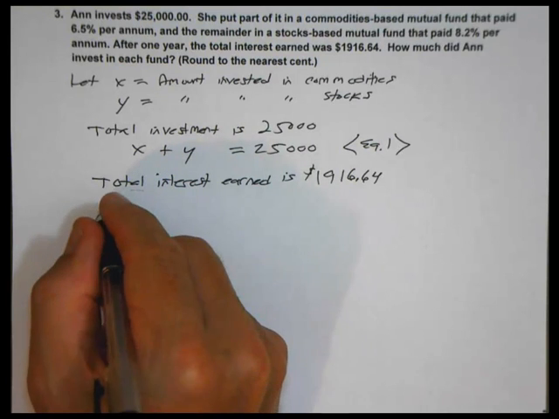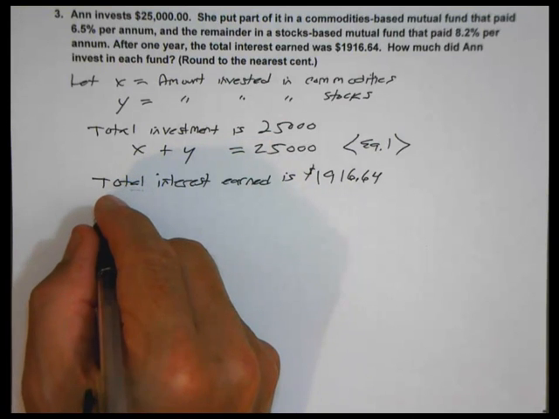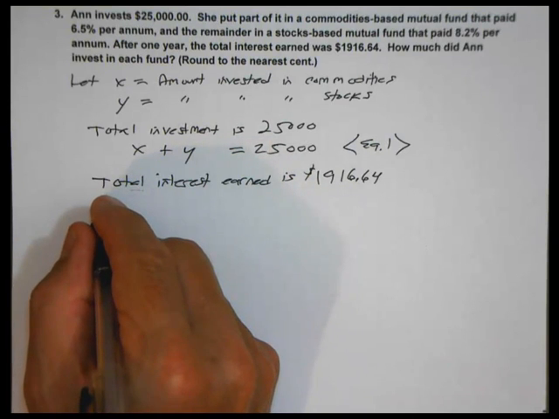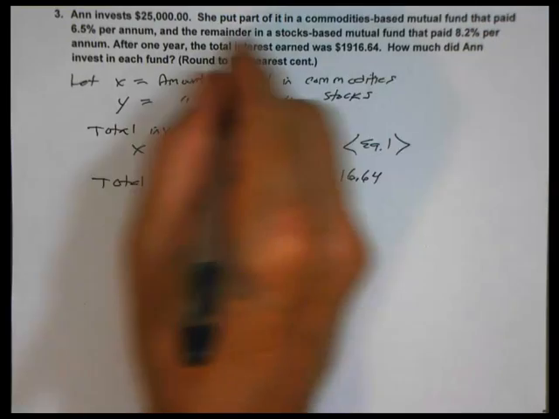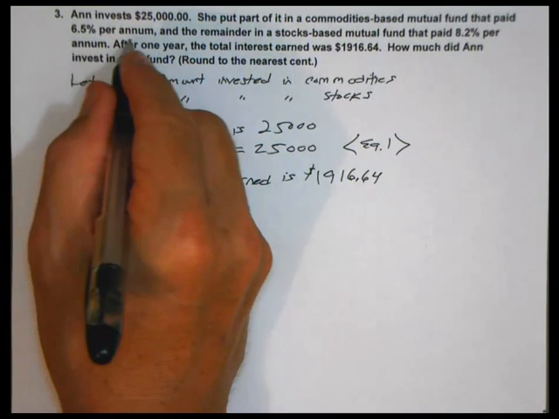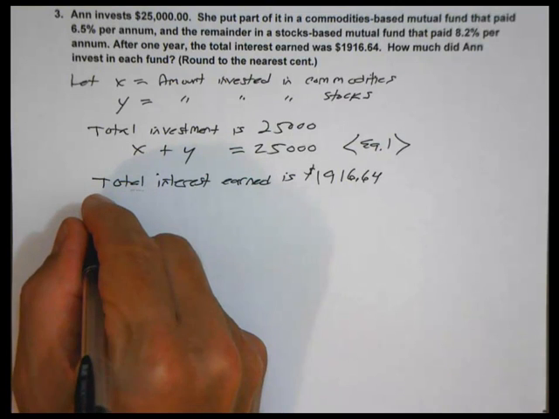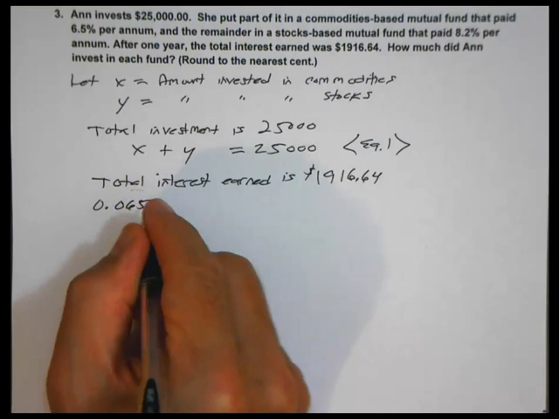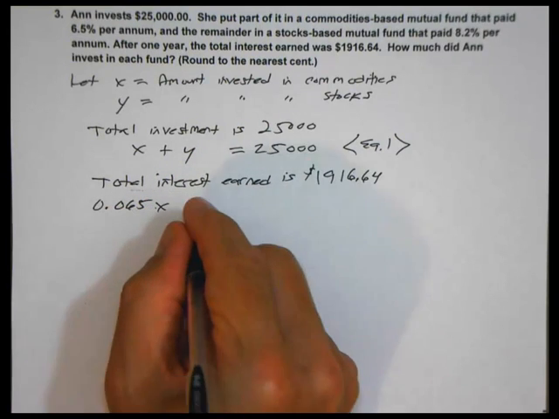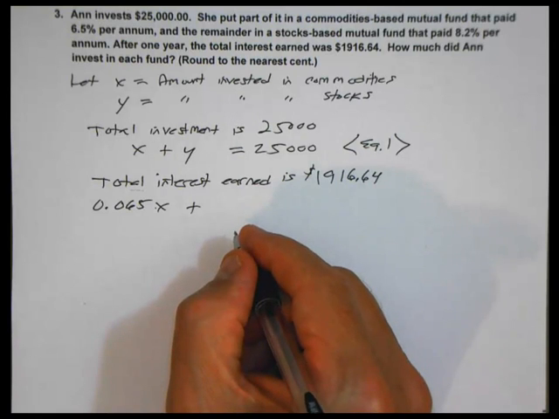Okay, so let's translate what that would be. The interest from the commodities fund will be the amount invested times the rate of 6.5% per annum. Now since we have percents, we can put them as 0.065x plus interest from the stock fund.